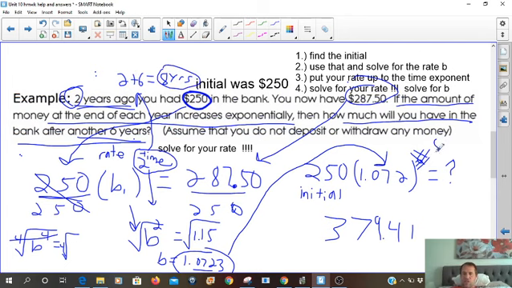And so that's what's going to go there. Now we're not figuring out how much time it's going to take. It's asking how much will you have after 8 years total. So now you do 250 times the 1.072, the rate, to the 8th power, or 8 years.